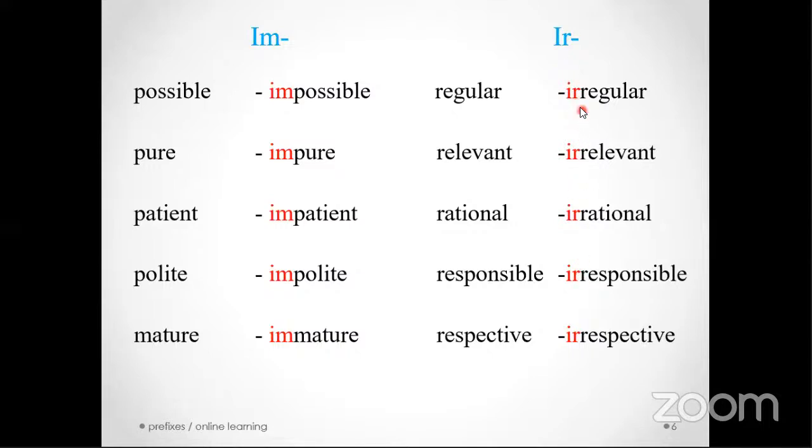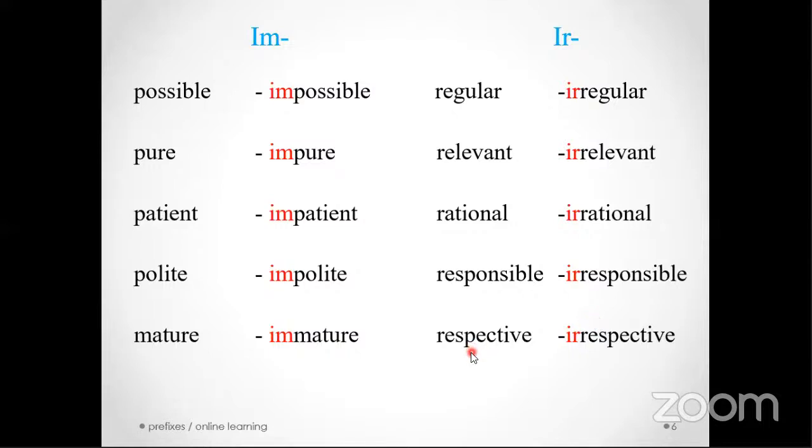You can see some double R, but it's not a rule. So it will be easy for you to remember them: regular, relevant, rational, responsible. Those words are starting with R, so you can remember that we can place the prefix IR before them, right?